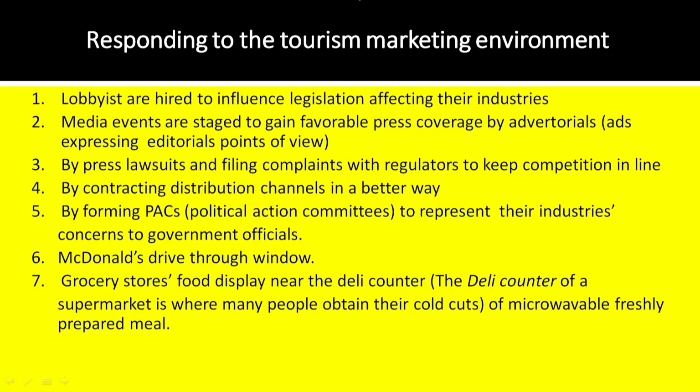To continue, I have given you 7 points, of which the first is hiring lobbyists. All these industries, including the tourism industry, hire lobbyists who work on their behalf and become their mouthpiece to influence legislation and let it go in their favor.